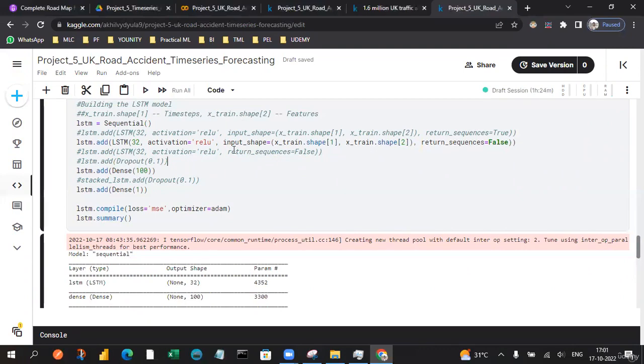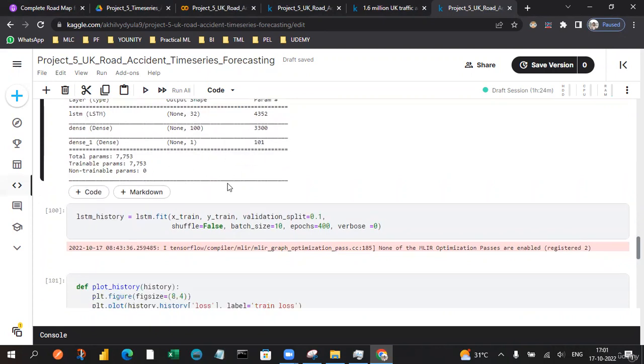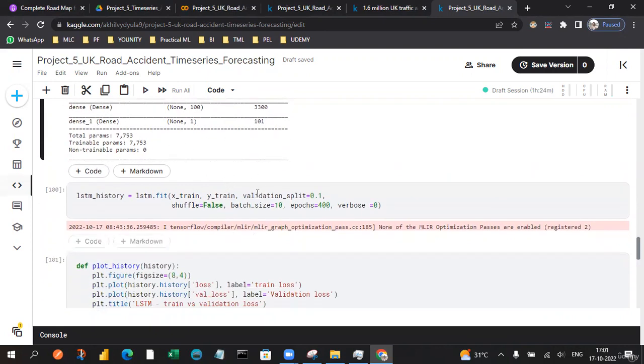I followed this kind of approach. It may not be helpful, so that's the reason I commented out these results. The total number of parameters is somewhat low. So let's train using these parameters since we don't have that much computational capacity. We are also splitting the test set into a cross validation split of 10 percent. Let's see how the error behaves for the train and the cross validation.